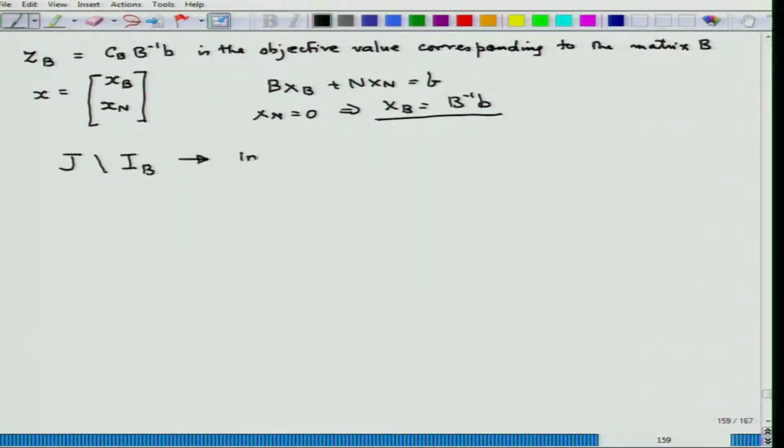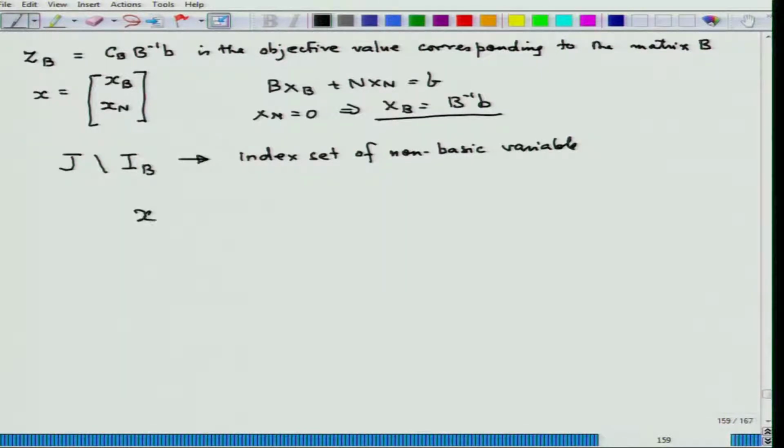This is of course a notation for the index set of non-basic variables. In the example given on the previous page, the non-basic variable was x2. So, this consisted of just 2 in the last case.